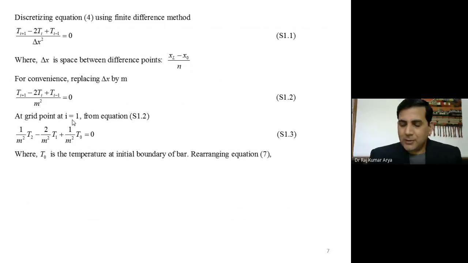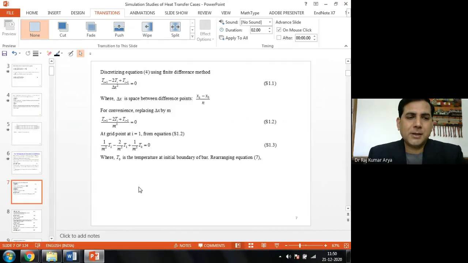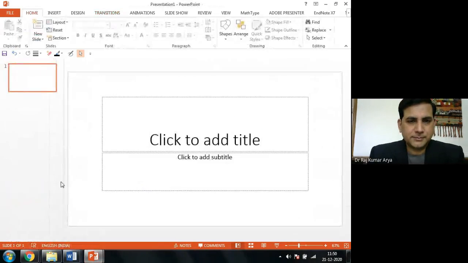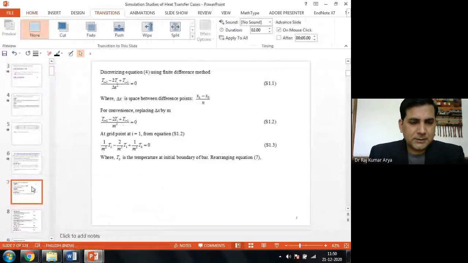Now, can we calculate the second derivative the same way? Let's say we want to calculate the second derivative also, at this particular place.